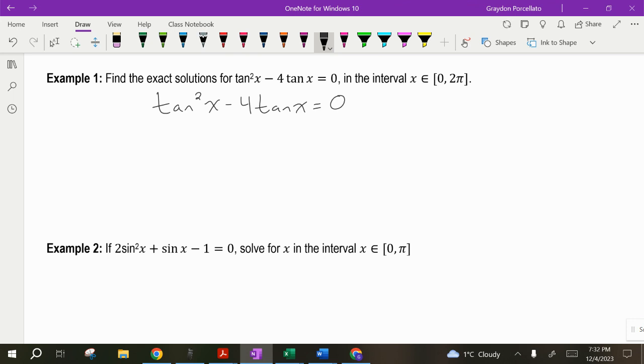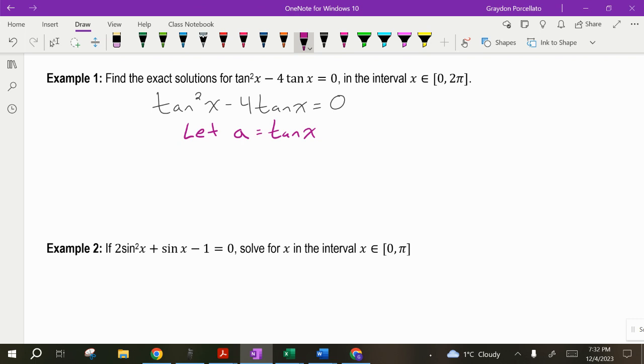The very first thing that I'm going to do after I rewrite that, you can even do it before, is say let a equal tan x. You can choose any variable. Maybe I should use a different variable here, because x is already in there, let's say a. So all I'm going to do is take out the tan x's and put in the variable a.